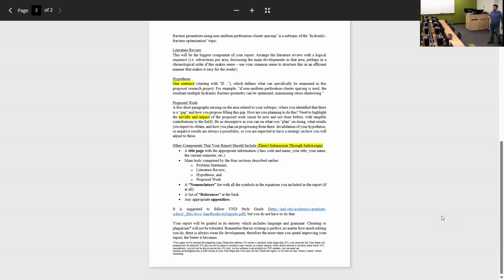And if it's larger than 20%, then the SPE sends it back to you. I think if it's less than 15%, it's fine. If it's bigger than 15% but less than 20%, they review it and they decide. And if it's higher than that, it's automatic rejection.